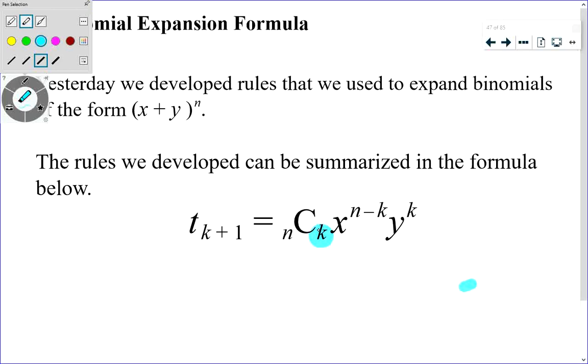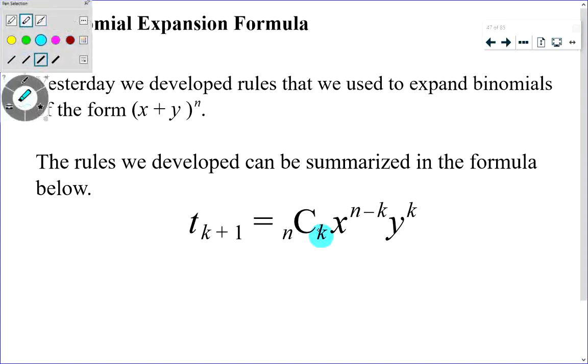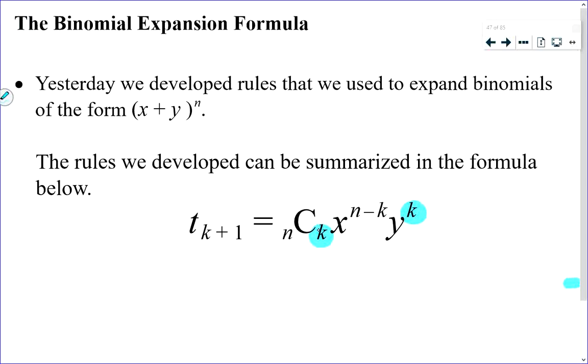That is to say, the first term you use 0 there, the second term you use 1, the third term you choose 2. Are you with me on this? Okay. And would you agree that what I've kind of trained you into understanding is that that key number matches the number on y? And each term has its own unique key number. Okay. But would you agree all of the terms use the same n?